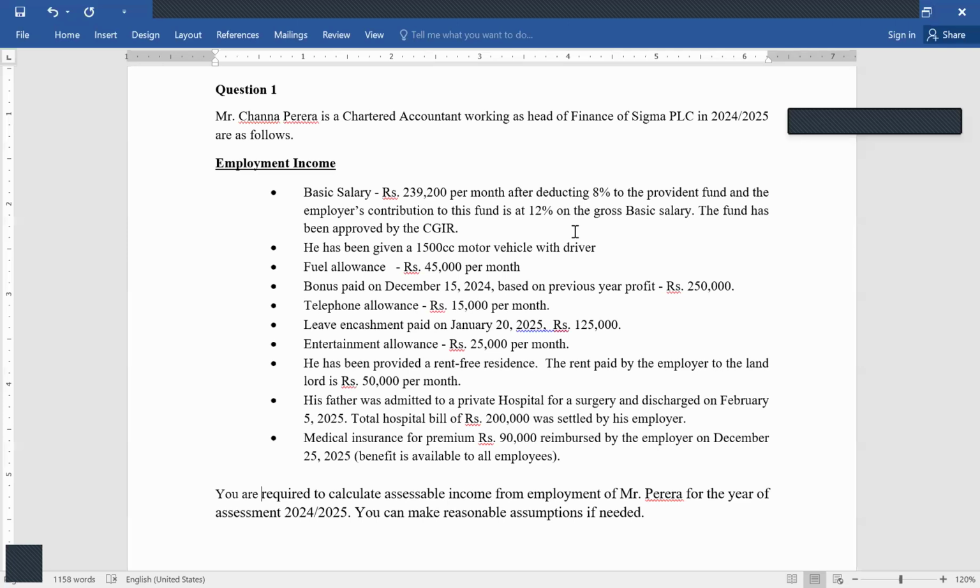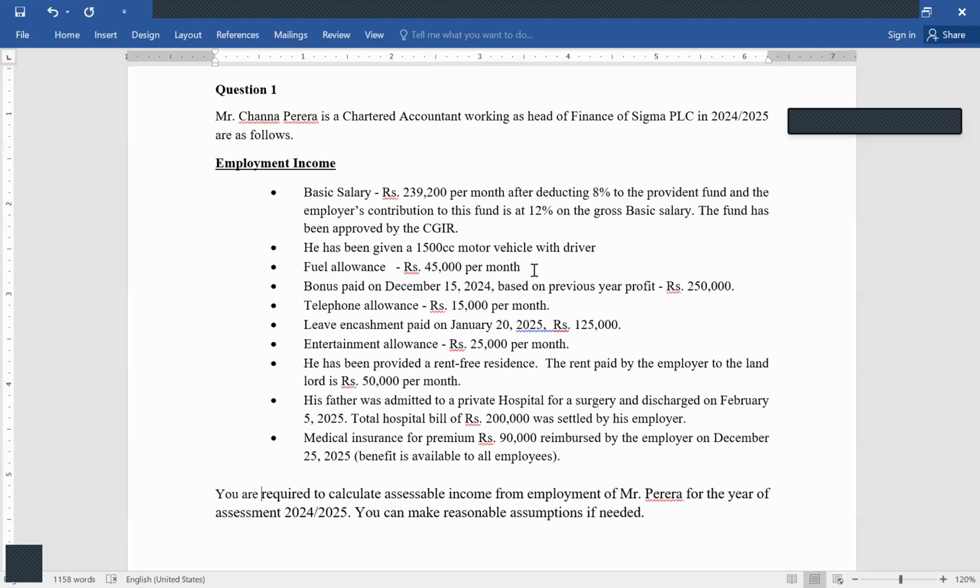Then the next one. He has been given a 1500cc motor vehicle with driver. So that is a vehicle benefit. So can you calculate the amount that we have to include for the calculation of assessable income? Try to identify the amount that we have to consider as a vehicle benefit.